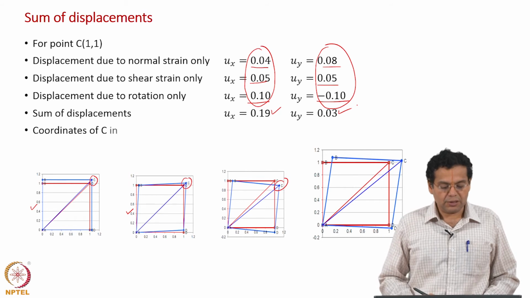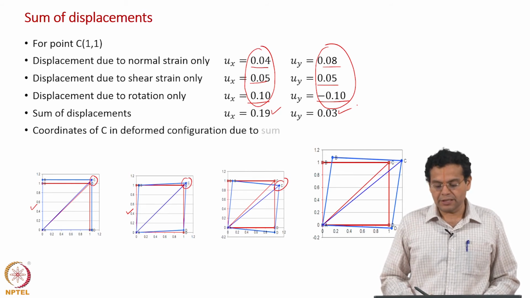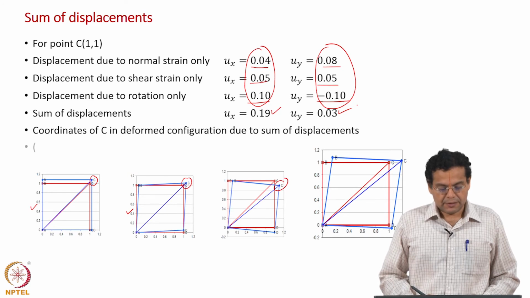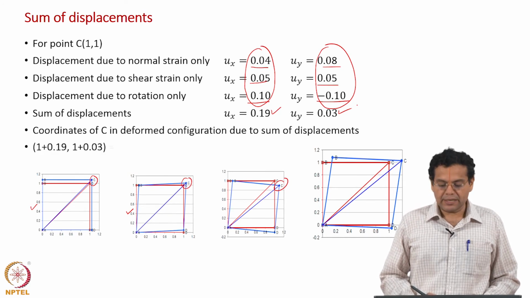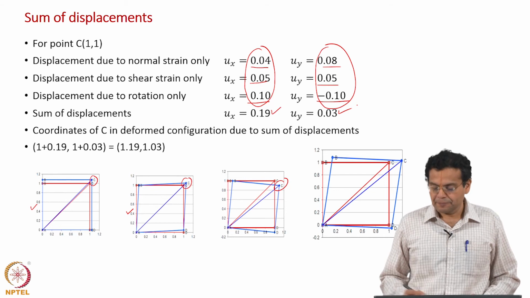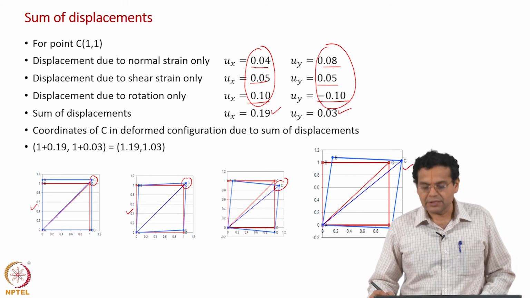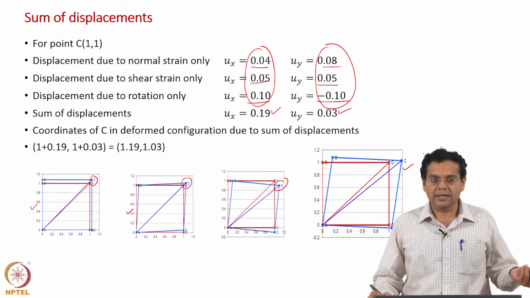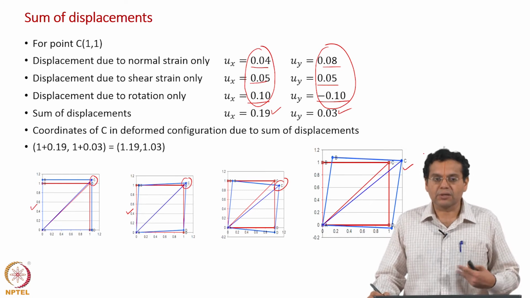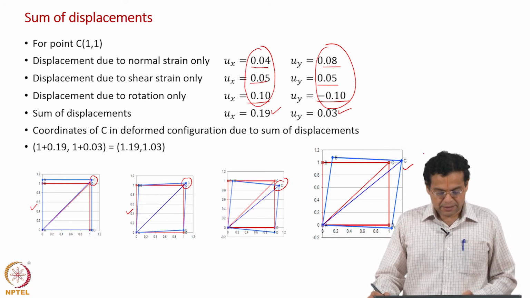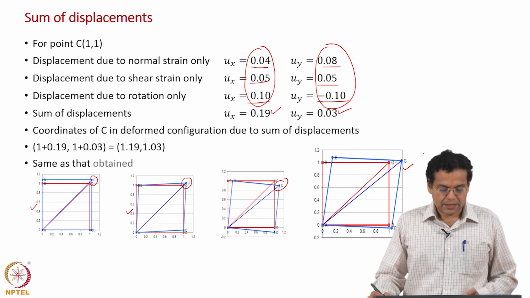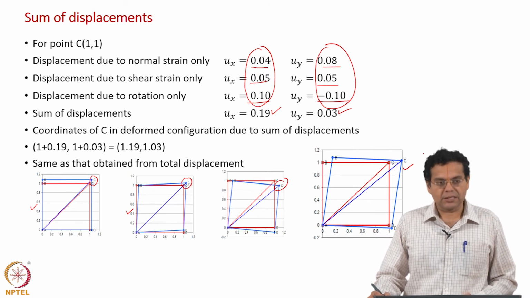Now, what are the coordinates of C in deformed configuration due to the sum of displacements? 1.19, 1.03, and that is what is shown here, which is the same as what we got earlier by straight away writing the total displacement.